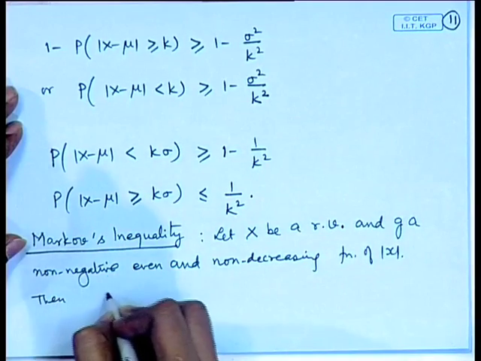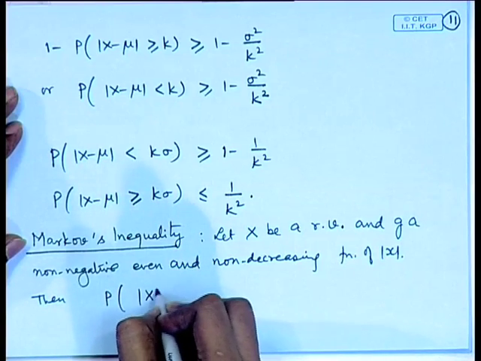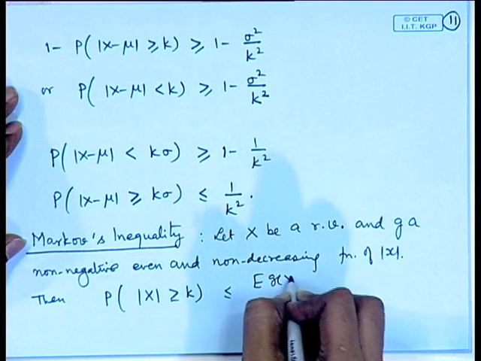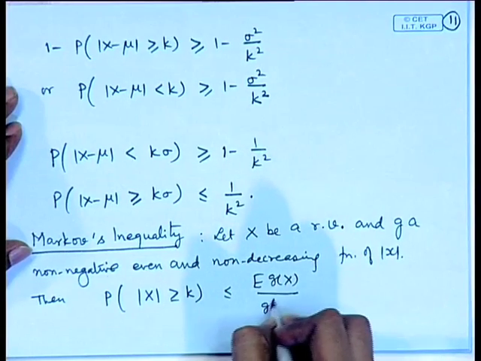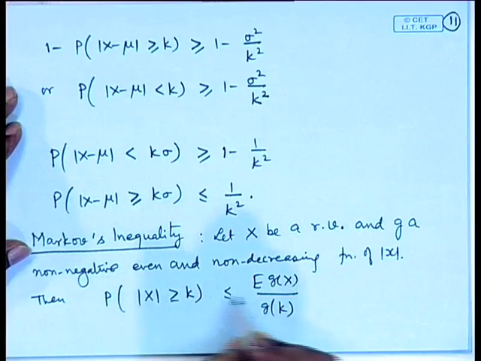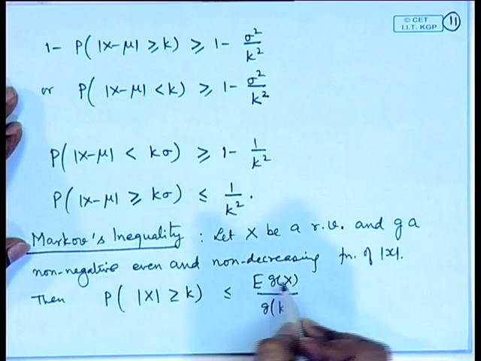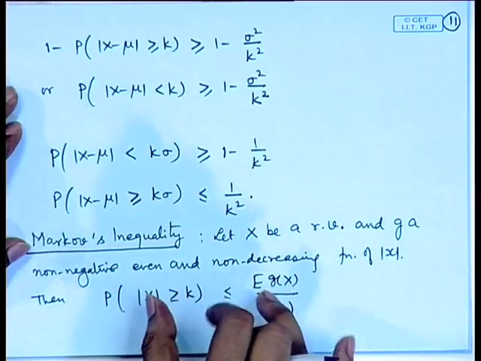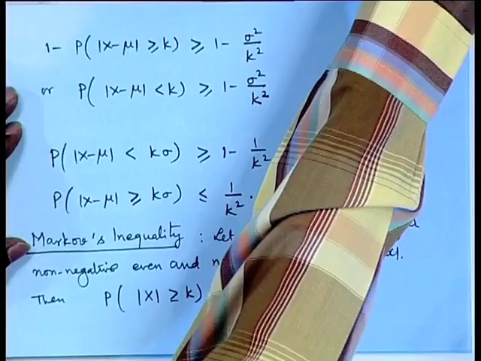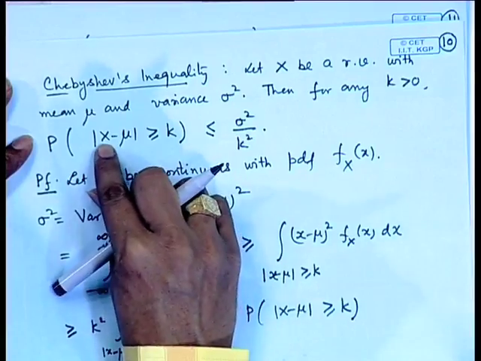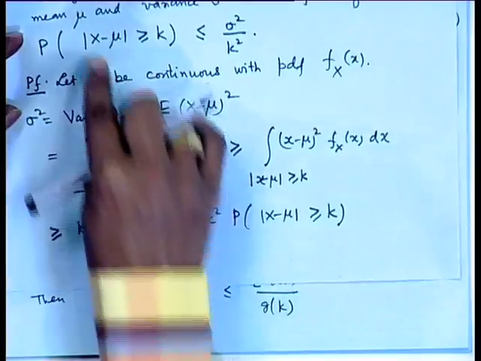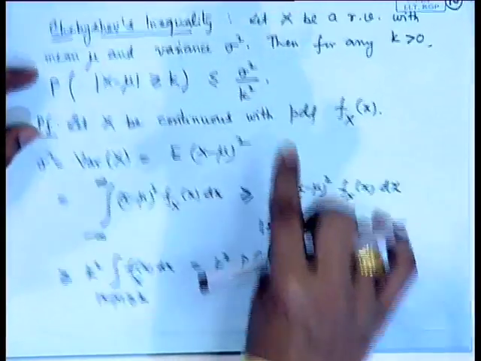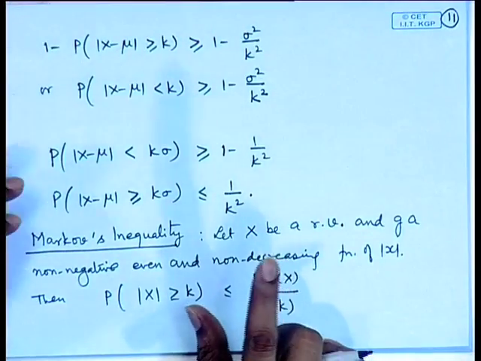Then probability of modulus x greater than or equal to k is less than or equal to expectation of g x divided by g of k. You can see that if I replace x by x minus mu and take g as the squared function, that is x square, then this Markov inequality gives Chebyshev's inequality exactly. So, this is a more general inequality of the same type.